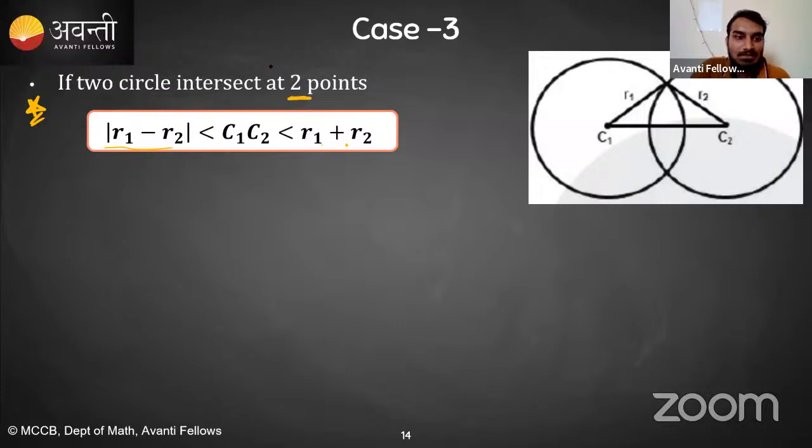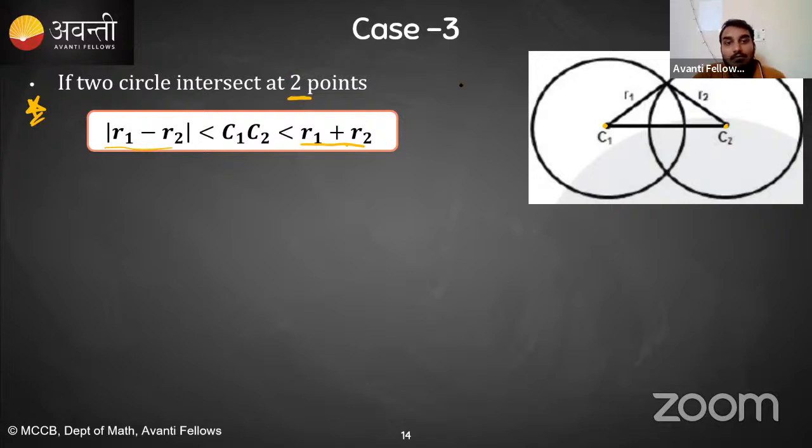Can anybody tell me in the chat box why this is the case? It is understandable that C1C2 should be less than R1 plus R2 if two circles are intersecting. But why is it also required that C1C2 should be greater than mod R1 minus R2? Anyone?